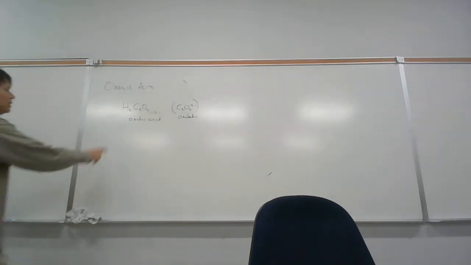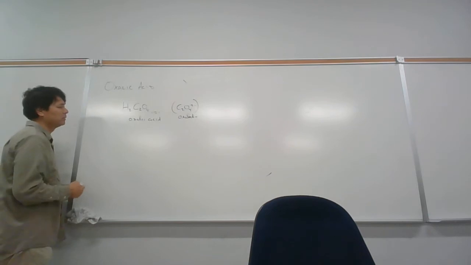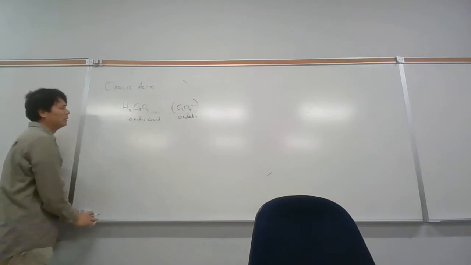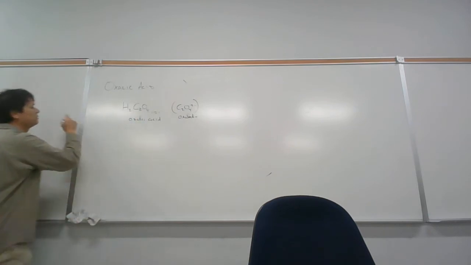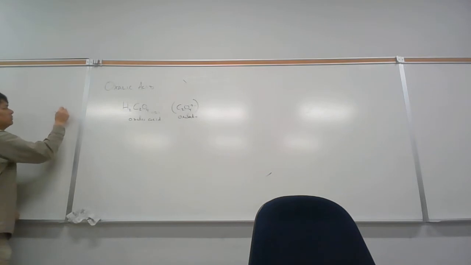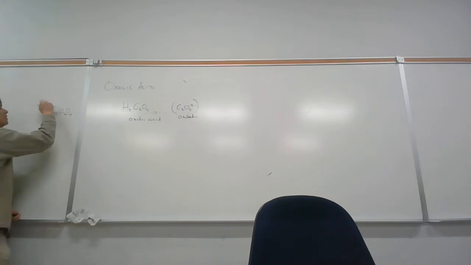Okay, so I like to write it like this, but oxalic acid is also written like this. Here, this formula, C2H2O4, is what we call a molecular formula. The molecular formula doesn't give us much structural information.